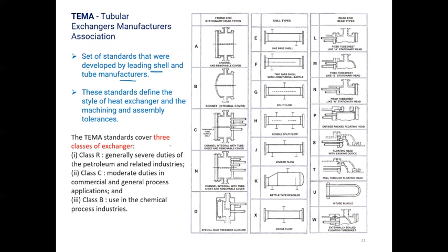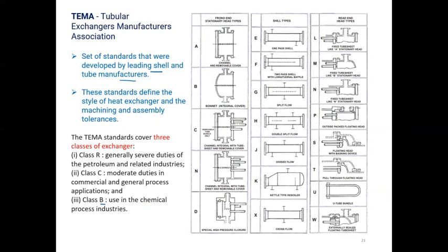Okay, the TEMA standards cover three classes of heat exchangers. So we have Class R, which is generally for severe duties of the petroleum and related industry. Class C for the moderate duties in commercial and general process application, and Class B used in the chemical process industry.